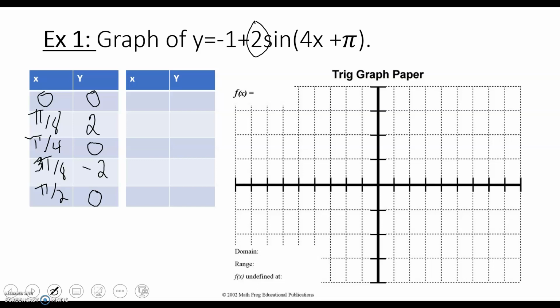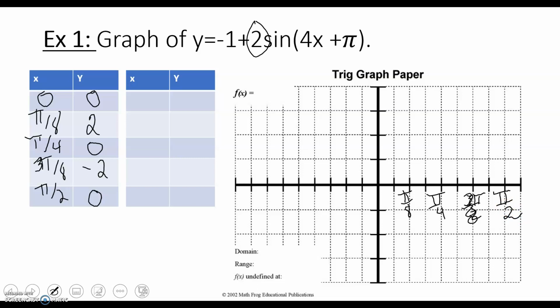So I'm just going to put these values over here. If this is pi over 8, and this is pi over 4, and this is 3 pi over 8, and this one is pi over 2. Then in black, I'm going to keep this one in black.